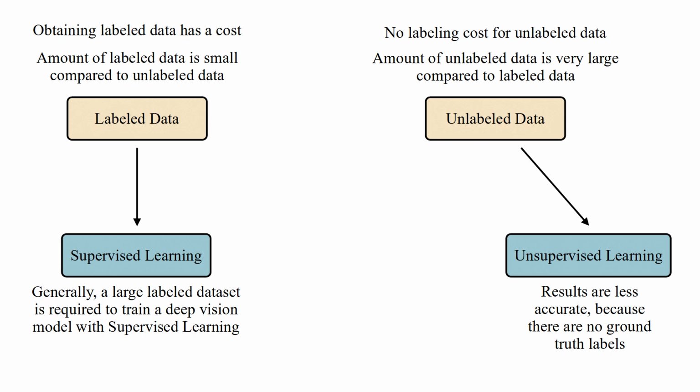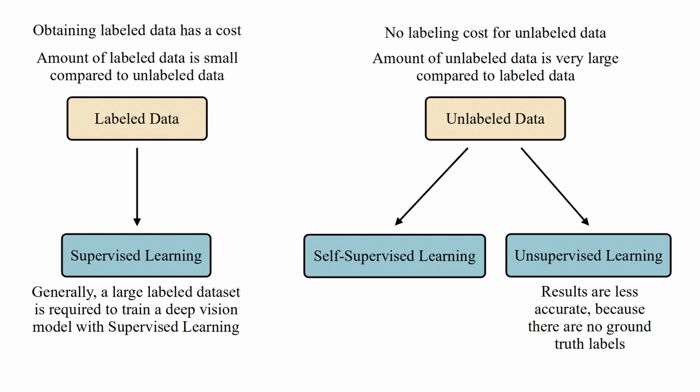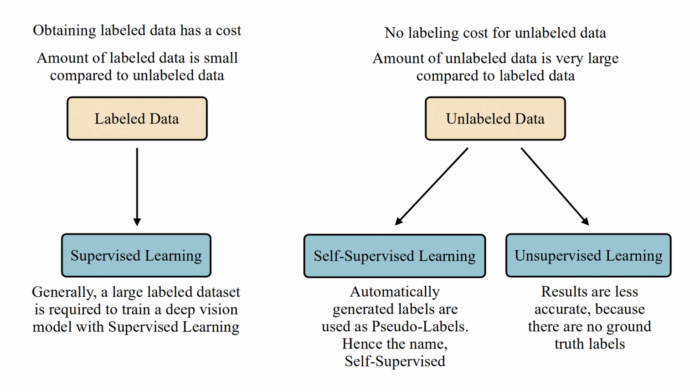In unsupervised learning, results are less accurate because there are no ground truth labels. In self-supervised learning, automatically generated labels are used as pseudo-labels. Hence the name self-supervised.